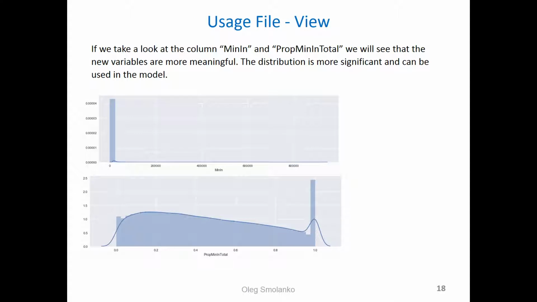Looking at that, we can see that, for example, total minutes spent in our own network is very few. However, if we calculate the proportion of the minutes total, we can see a much clearer distribution.